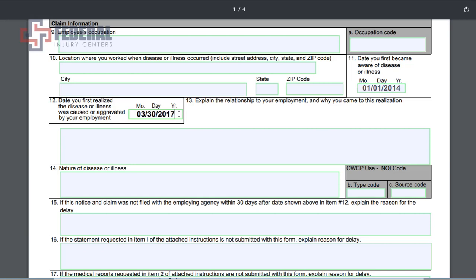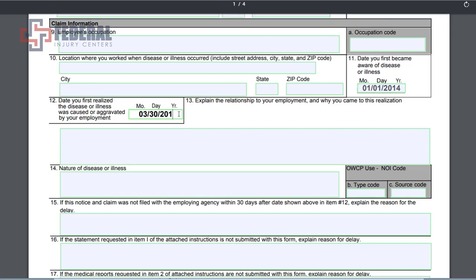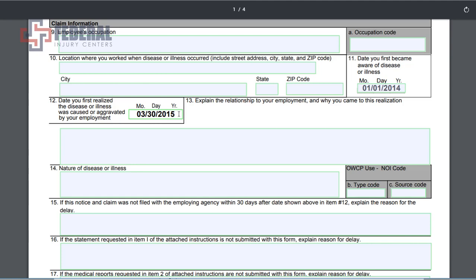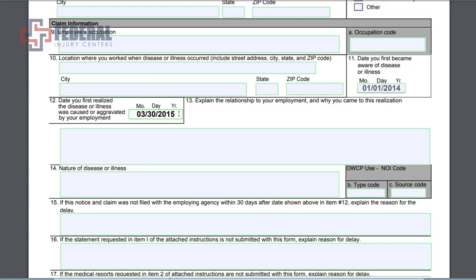And then you realized it was connected to work in 2015. At the making of this video, it's 2018, so this 3-year time period has elapsed. So you would be outside the filing requirements for a CA2 injury.